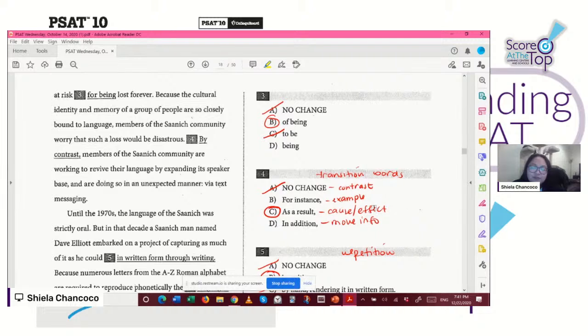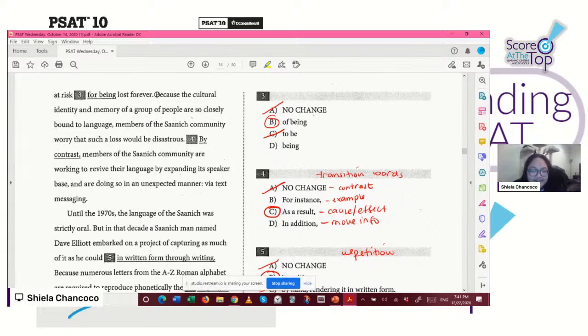All right, number 4. I like to group the transition words together. You see the notes that I have here. I normally do this in my head, but I wanted to show you the difference. When there's a transition word, I like to go one sentence before and one sentence after, just because I need to know what's going on.